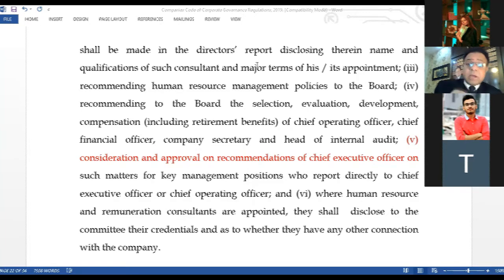The paramount consideration is the benefit of the stakeholders, and of course ensuring that the company is working and complying with the regulations, which is a legal requirement. Let me pause here for the question session. Any question, please, regarding the HR and Remuneration Committee?